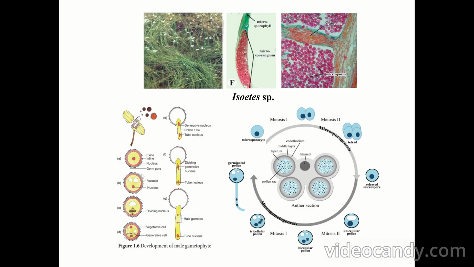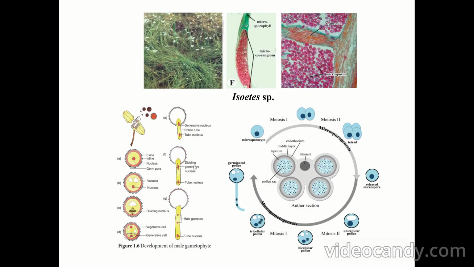So this is a pollen grain. It has a large vacuole in it and one nucleus in the cytoplasm. After division, this nucleus divides into two, the vegetative nucleus and the generative nucleus, forming a vegetative cell and a generative cell.